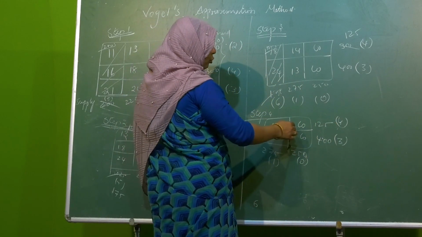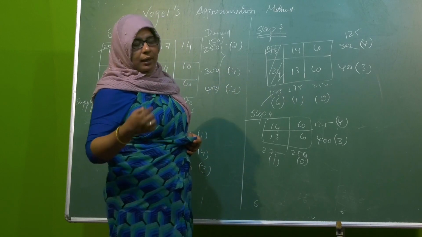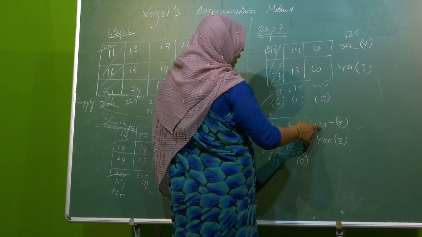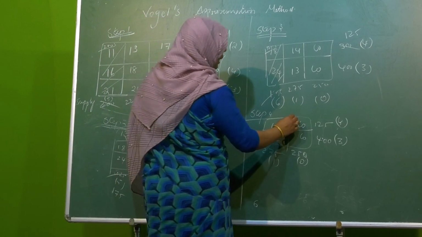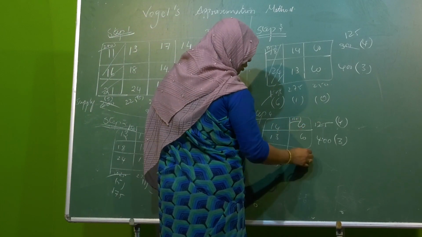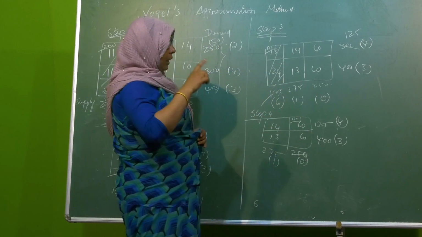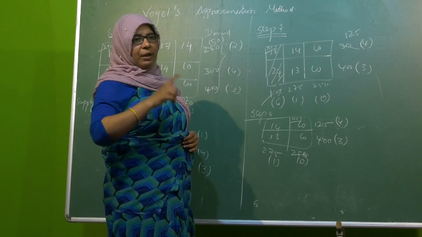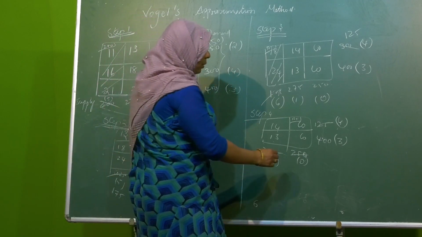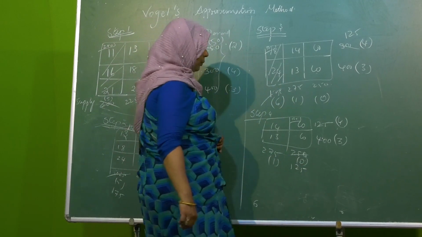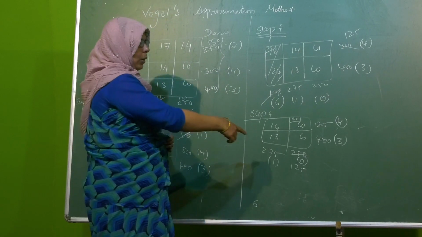In the first row, which one is the minimum element? 10 is the minimum element. So the row element is 125 and the column element is 250. So we have to allocate 125 among these two. The minimum of 125 and 250, and we have to subtract 250 minus 125. So remaining 125.